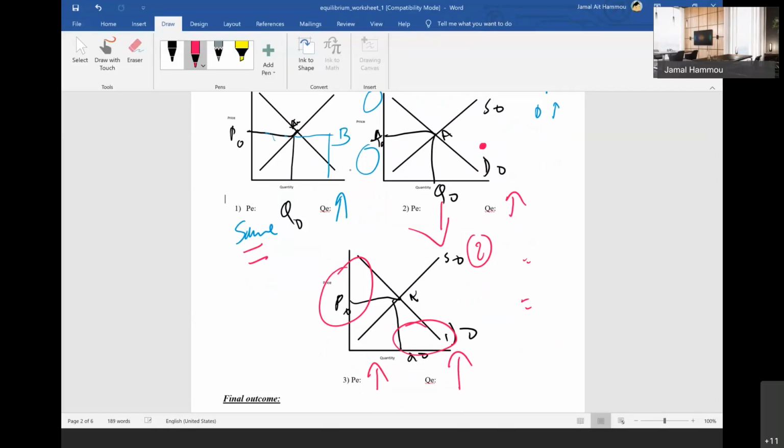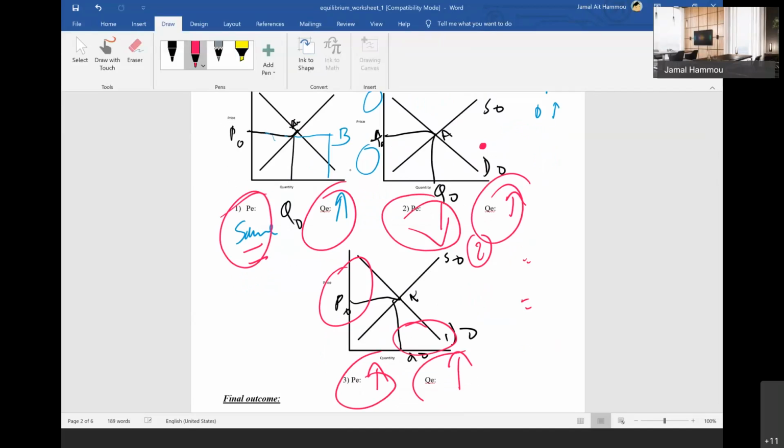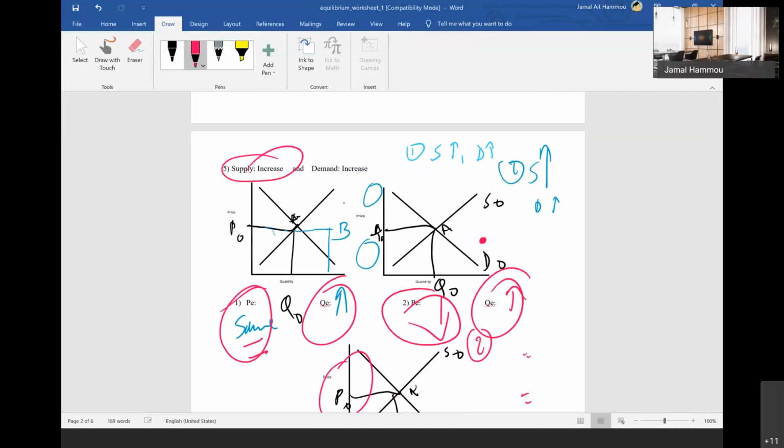So the price has 3 outcomes, and quantity has 1 outcome, which is increase. Whatever happens, if we have an increase in supply and an increase in demand, we always have an increase in equilibrium quantity. But the price is undetermined, or ambiguous, because we need more information. You have to tell me what situation you want me to consider.